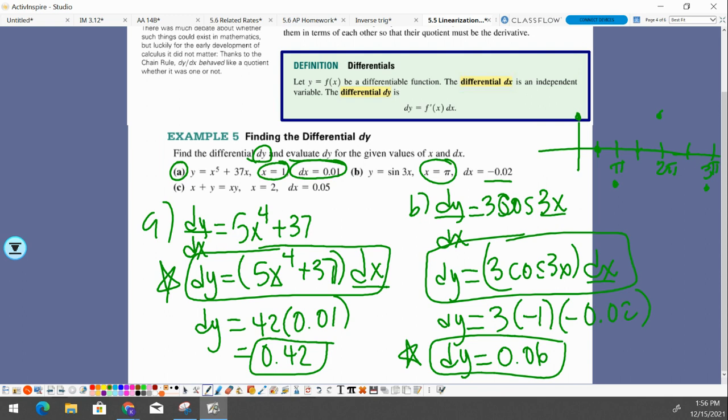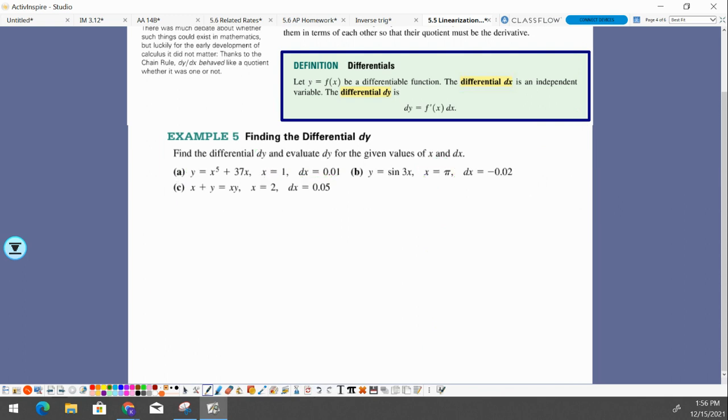All right, so let's look at C because that's good practice. Because if you notice letter C, that's implicit. So if we take our derivative, x is just 1, derivative of y is dy/dx, equals, xy is a product. So I take the first times the derivative of the second, plus the second times the derivative of the first.